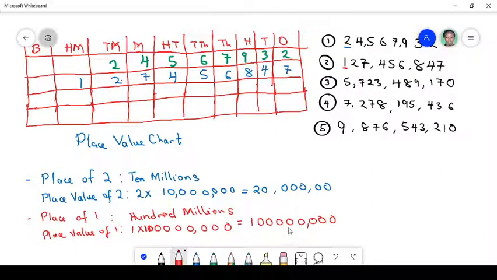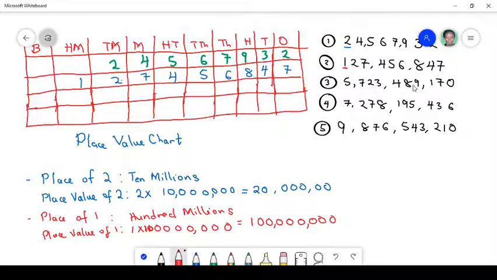So let's see what we have. You realize I have the ones column, the thousands column, and we are in the millions column. The place value here is what? 100 million, because we have just one of that. So that's the place value.